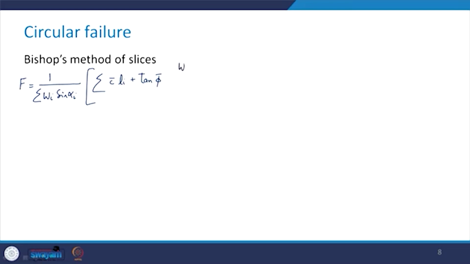So, you will get Wi minus Ui cos alpha i minus c bar Li divided by F sin alpha i, whole thing divided by cos alpha i plus tan phi bar sin alpha i divided by F.